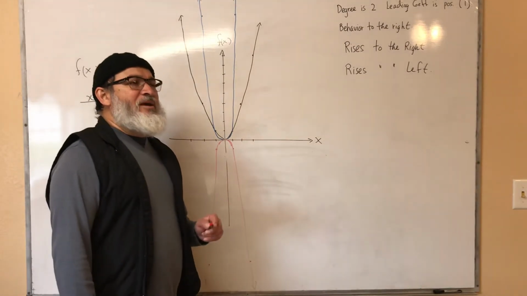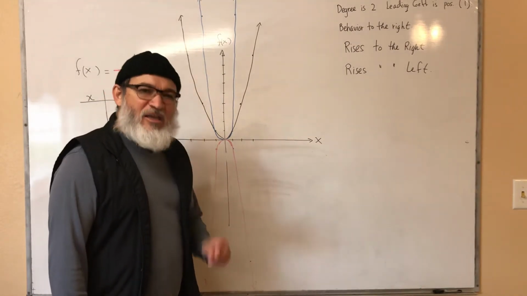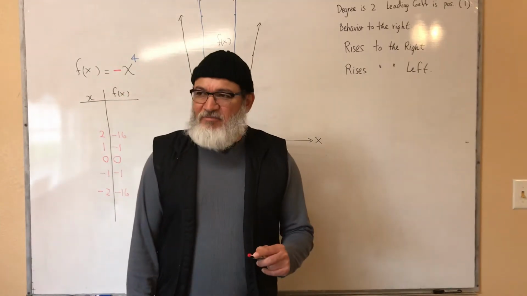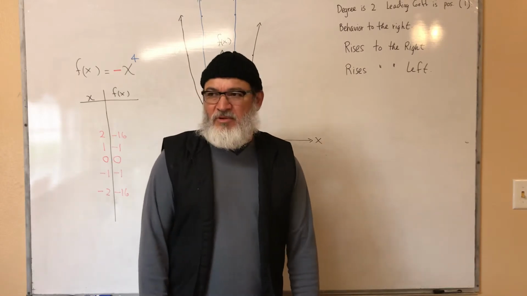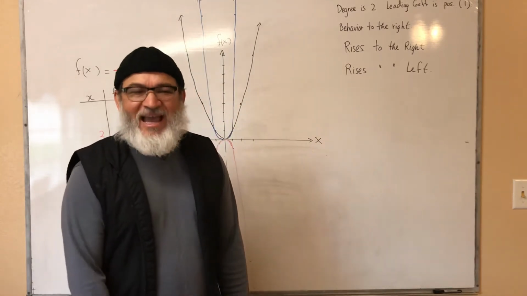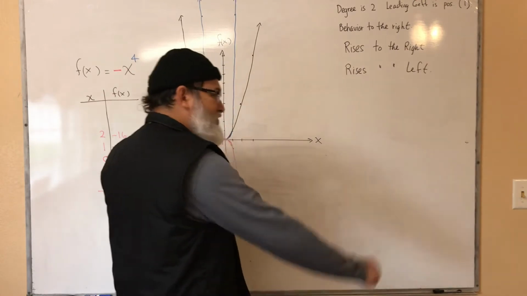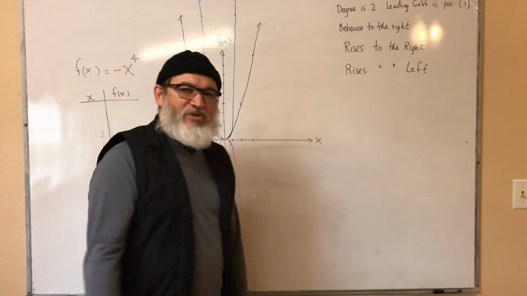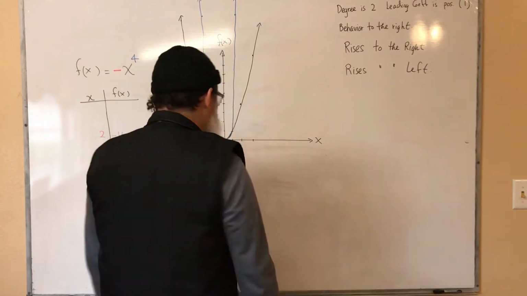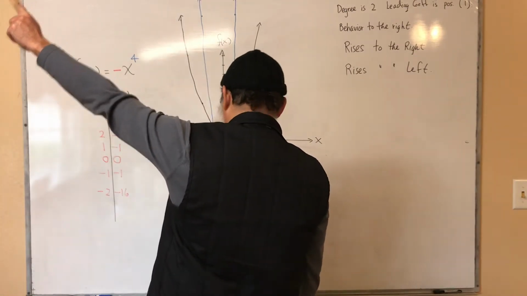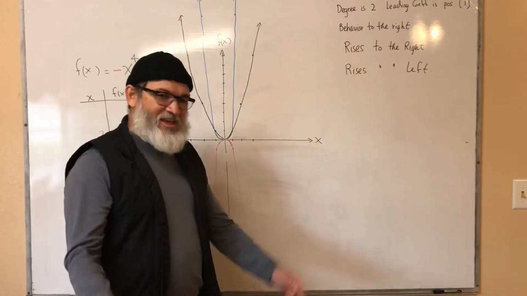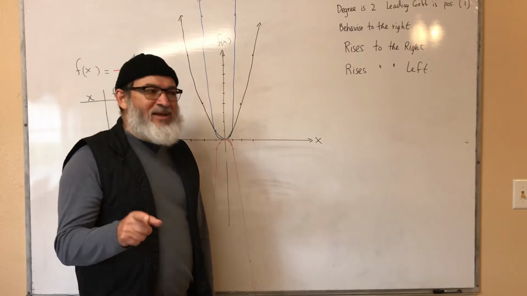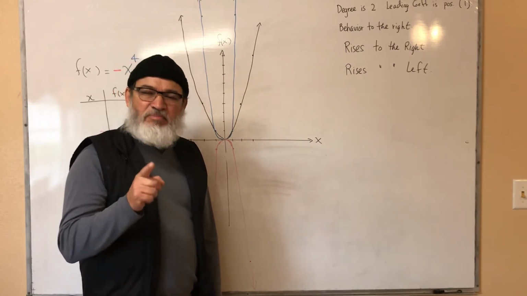If the degree is even and the leading coefficient positive, what's the behavior to the right? I ask you. Rises to the right. What's the behavior to the left? It rises to the left. That's the end behavior when the degree is even, the leading coefficient positive.